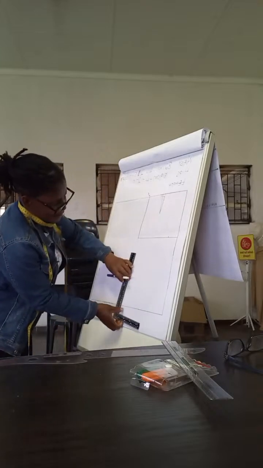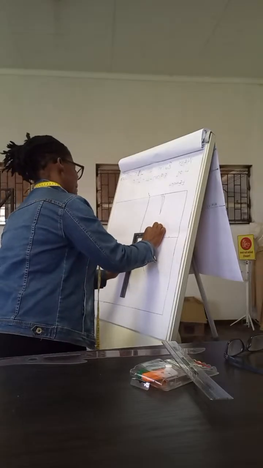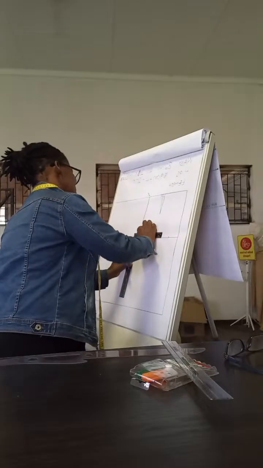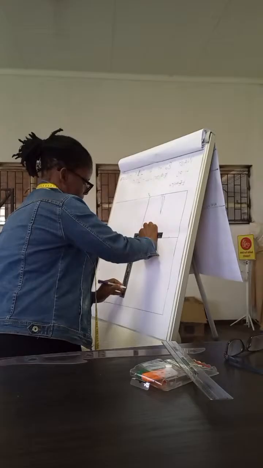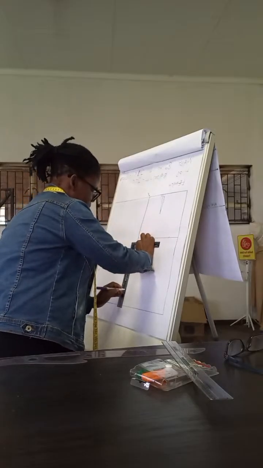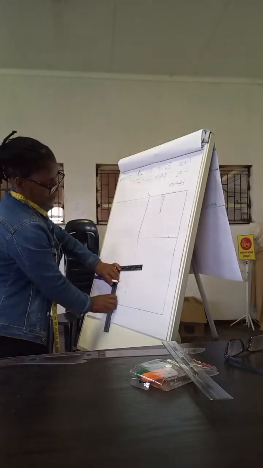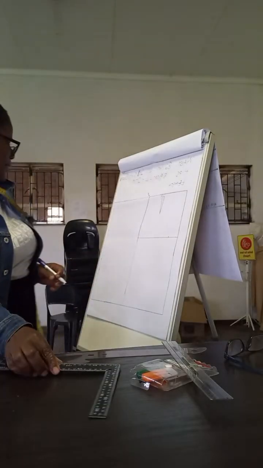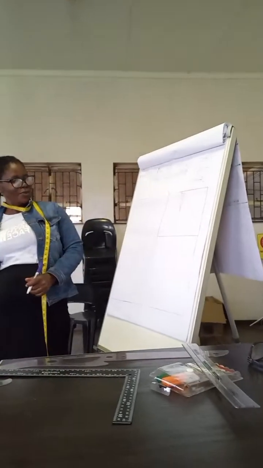You can do it that way, or you can do it the other way that you were doing. Then you're just going to add it. You see now, the front is done. The front is done now.